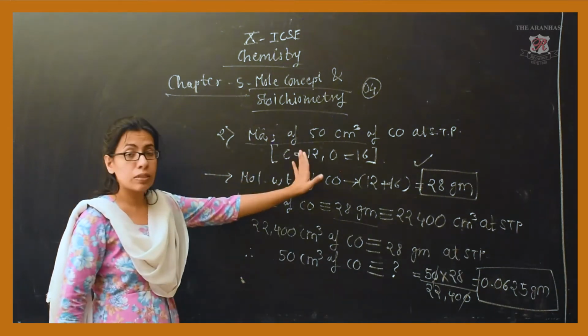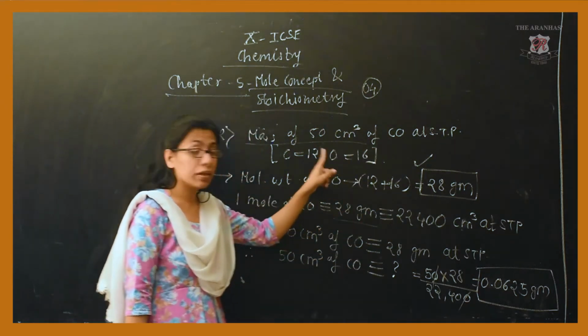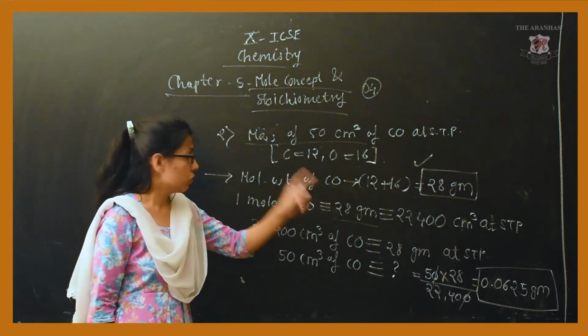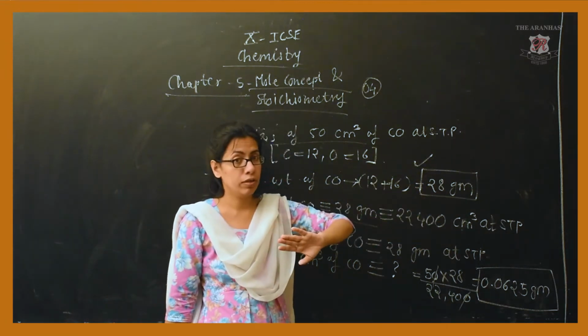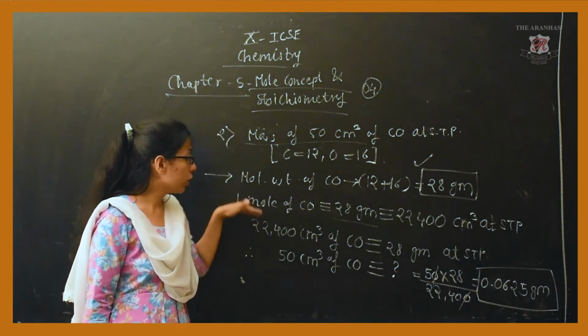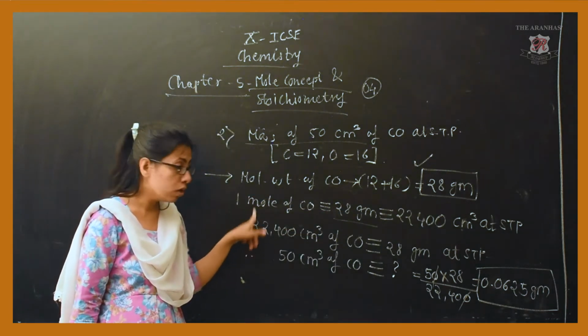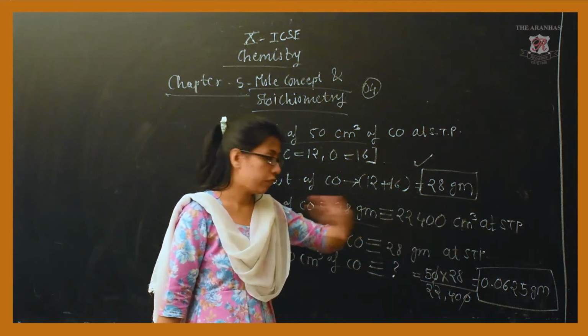They had asked us the mass of this much volume of CO. They had given you the atomic masses. In the first step, we calculated the molecular weight. After that, we related the molecular weight with the mole as well as the volume at STP.